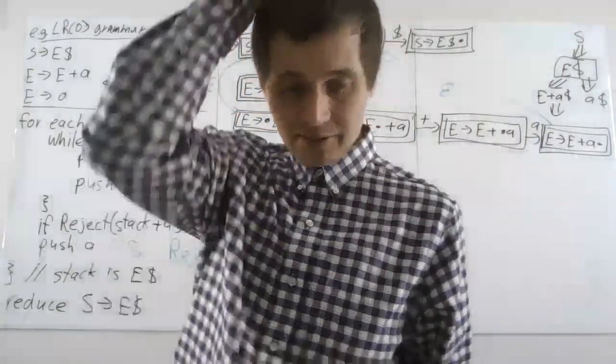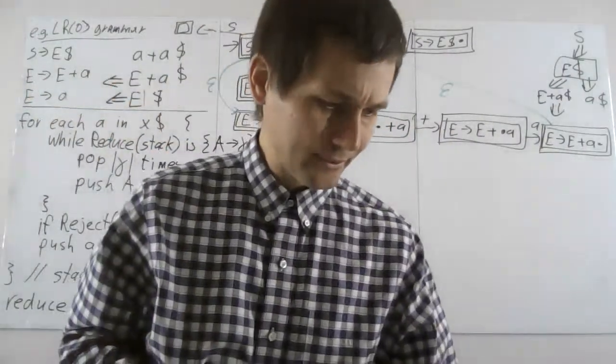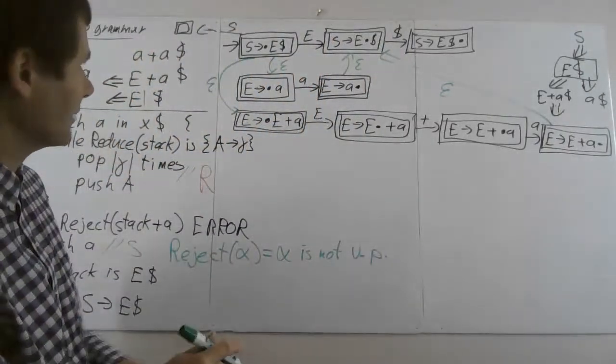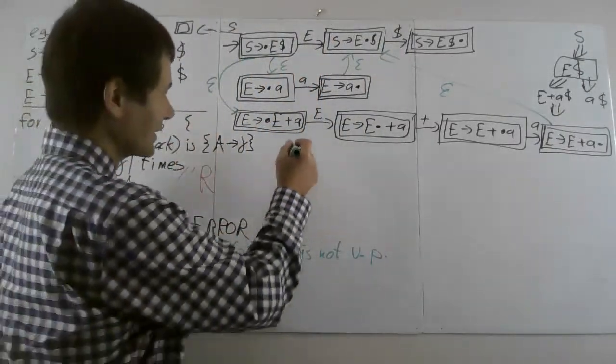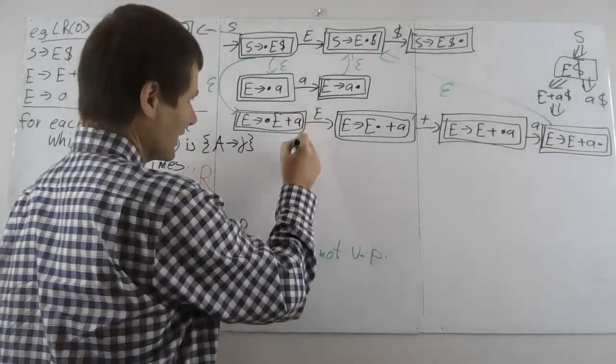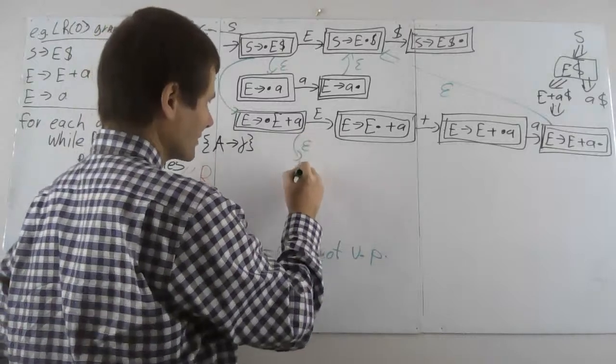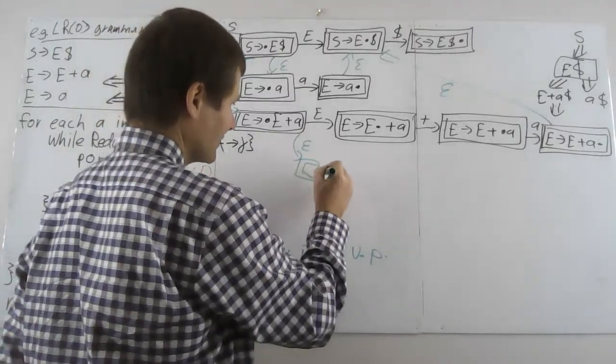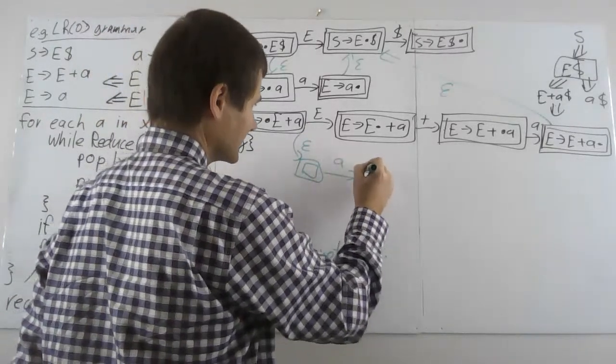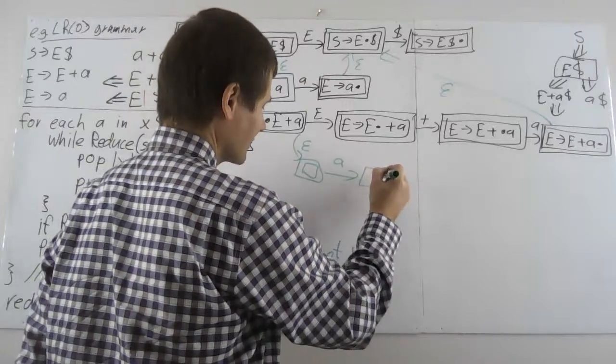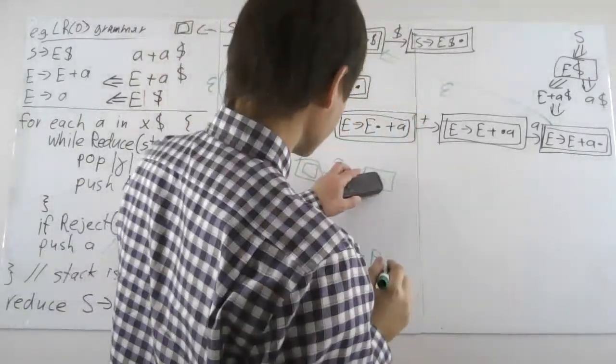Okay, let's see why that is. So hypothetically, let's say I was to add this epsilon transition, and then I had this extra thing with the A.